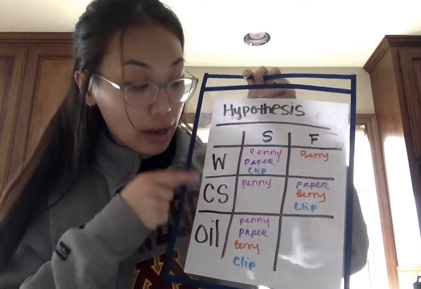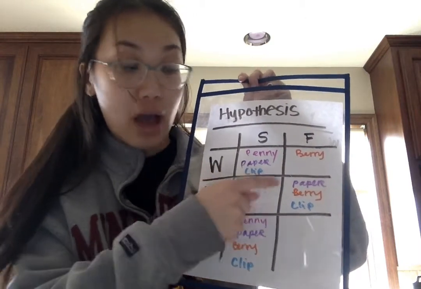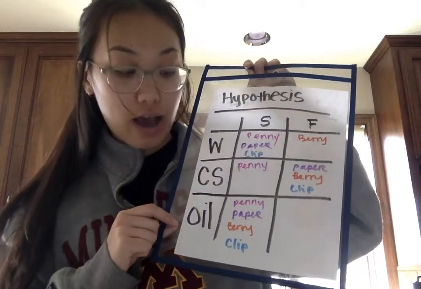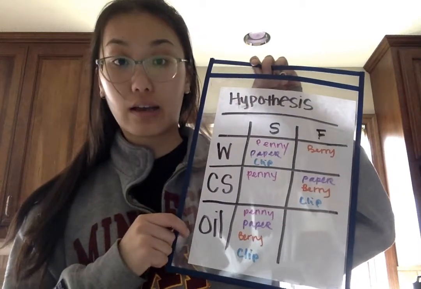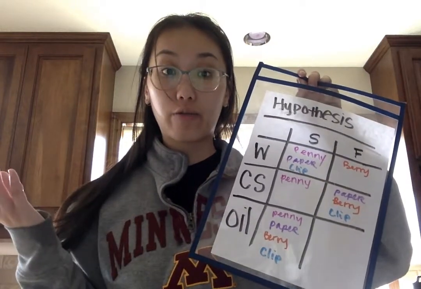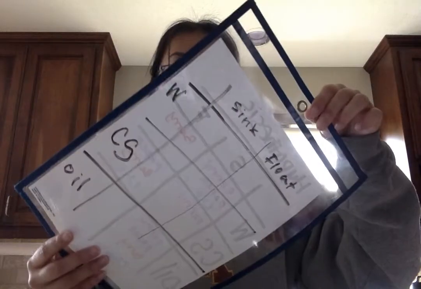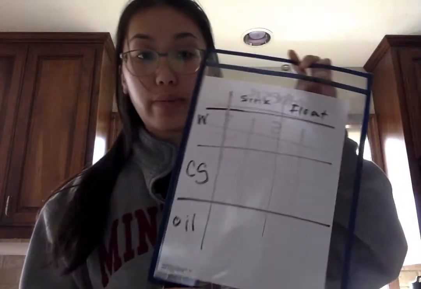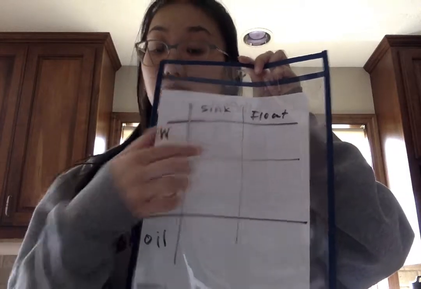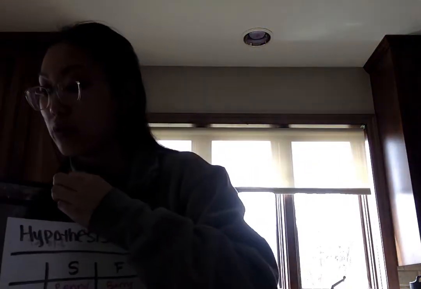In the corn syrup, I thought the penny would sink, but everything else would float. And then in the oil, I said that I thought everything would sink. So we're going to test these hypotheses, and we're going to see if we were correct or not. And while we do the experiment, make sure you're writing down what actually happens. Did things sink or did they float?